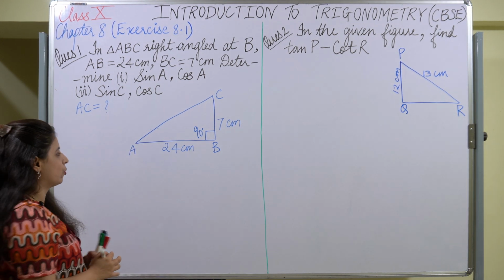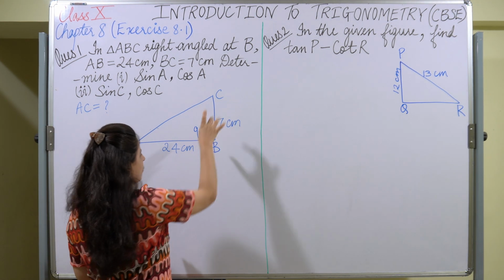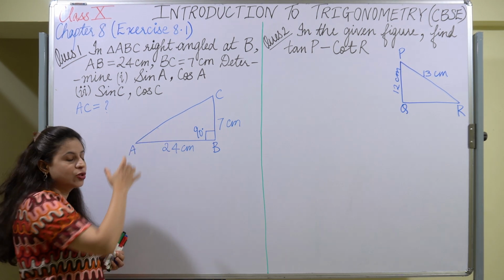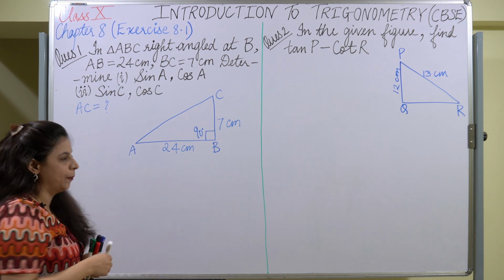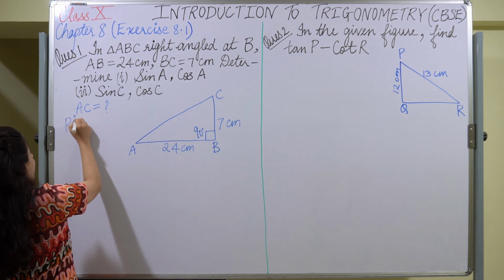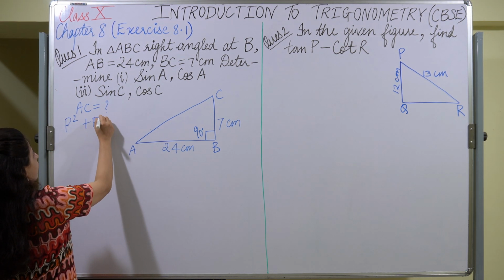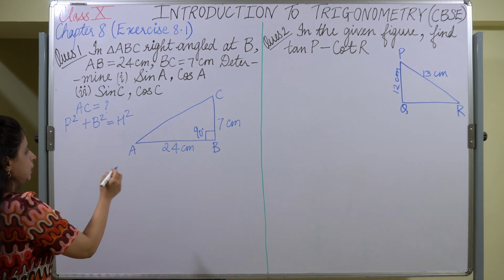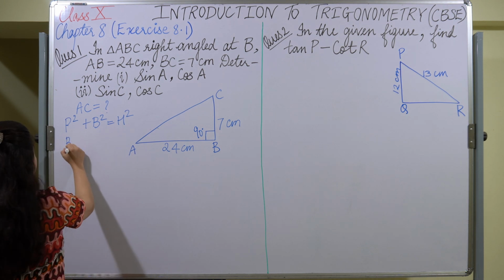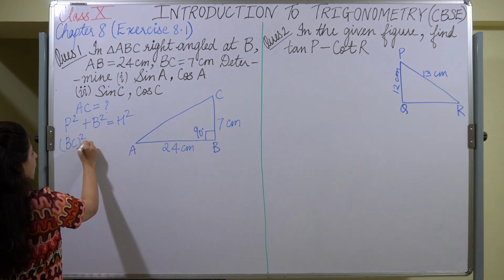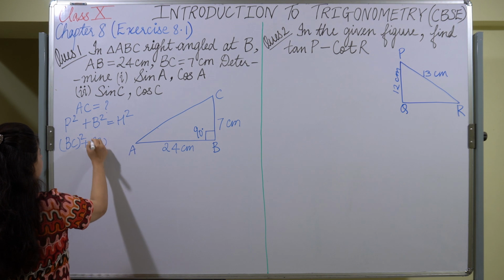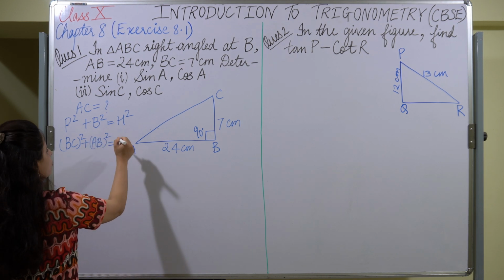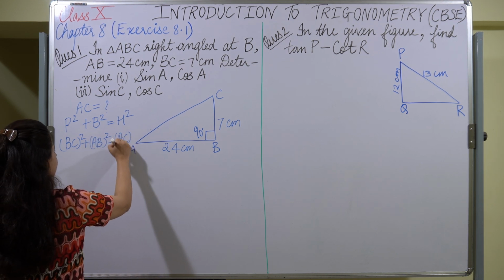The Pythagoras theorem says perpendicular square plus base square is always equal to the hypotenuse square. So P square plus B square is equal to H square, or we can write here BC square plus AB square will be equal to AC square.